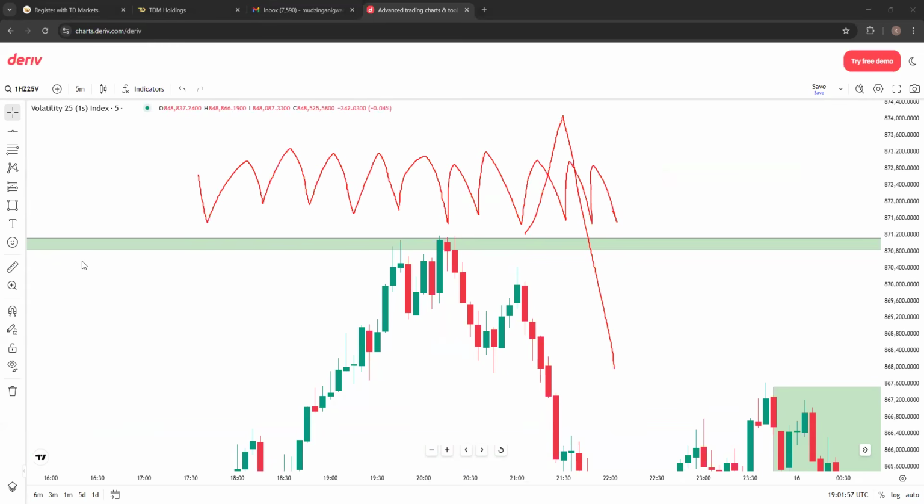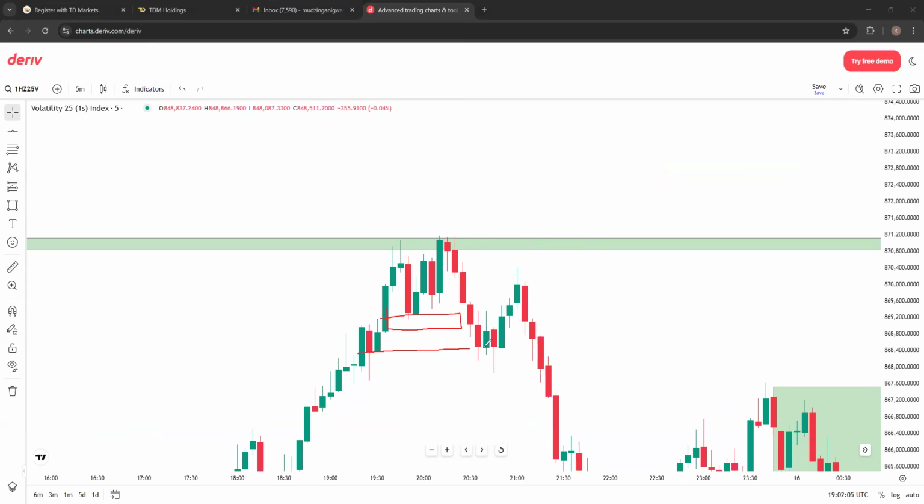But what you'd see is now we have a change of character, right? We can't say this is a full. We have a breakout structure. After that breakout structure, price comes to another OB in that smaller time frame, and then it goes down.